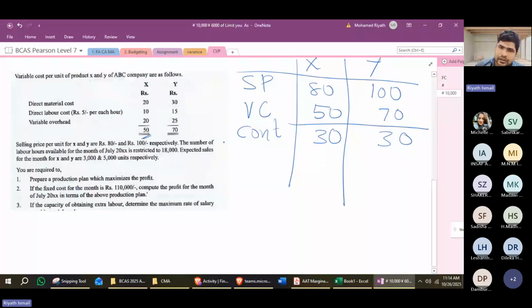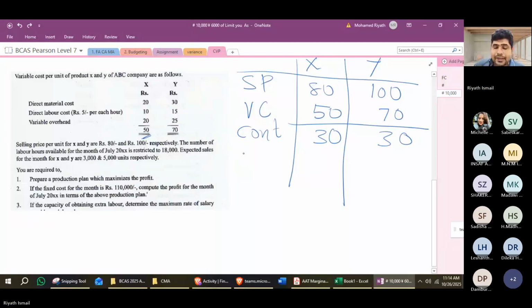What is the limiting factor here? Before that, we will find the profit. There's no fixed cost.